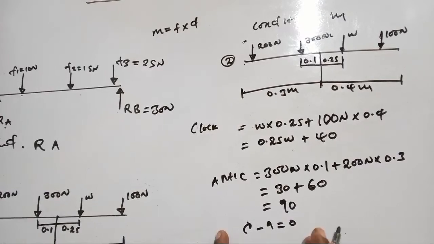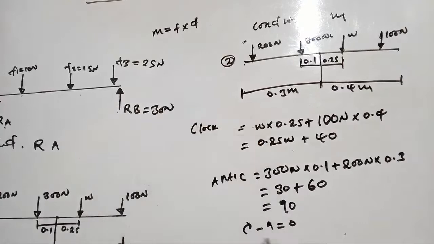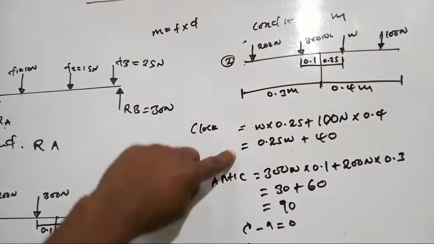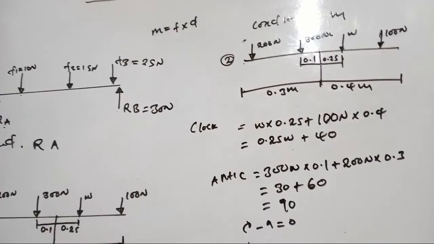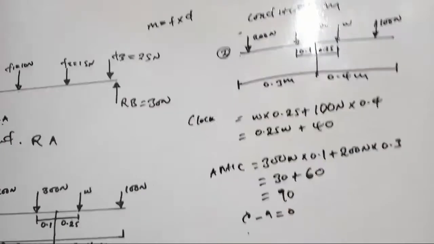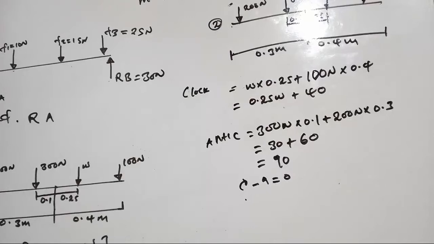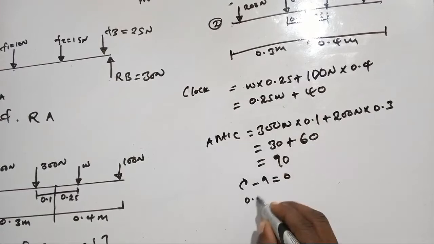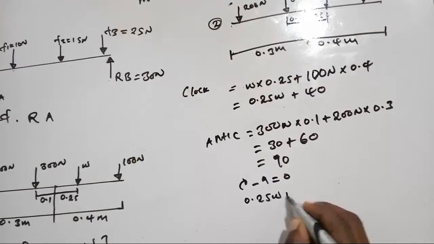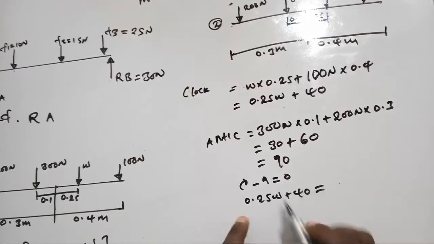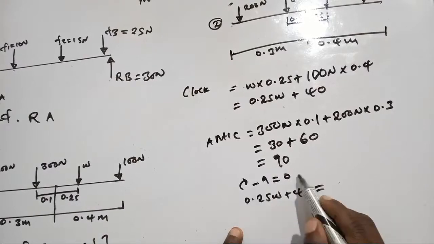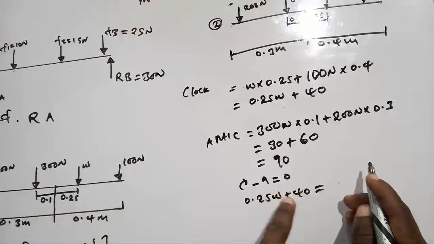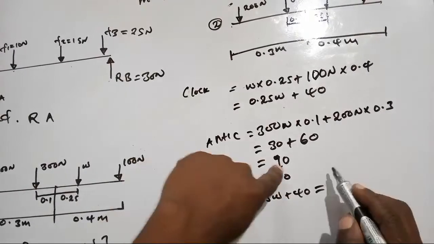So the clockwise moment we have found is 0.25 W plus 40, which should be equal to the anti-clockwise moment, which we have found is 90.